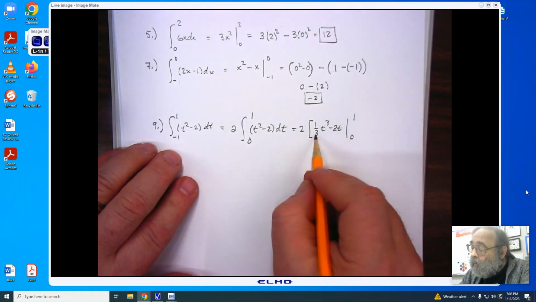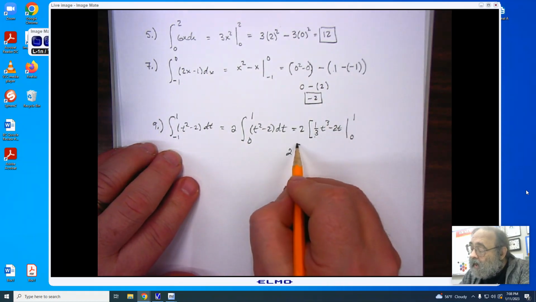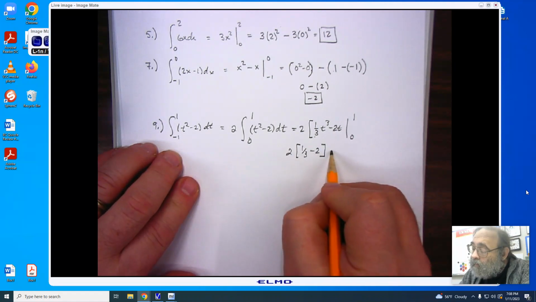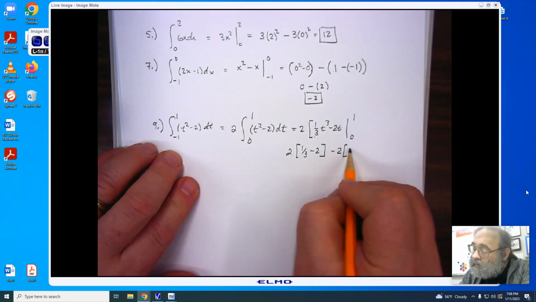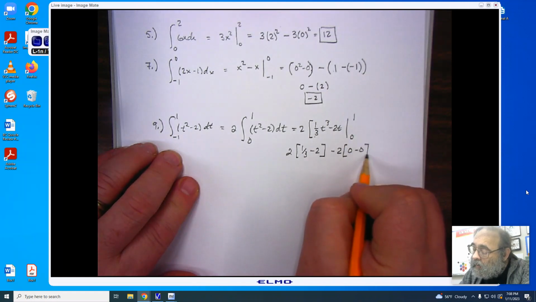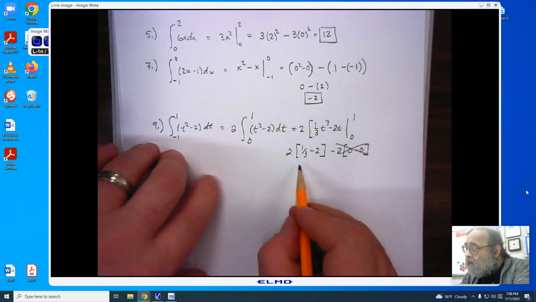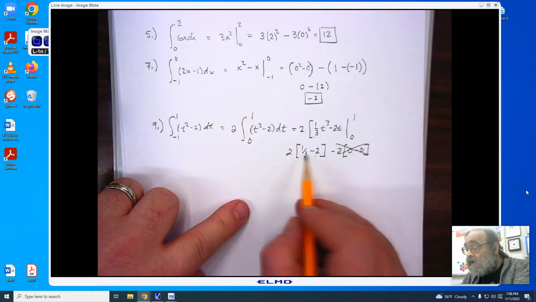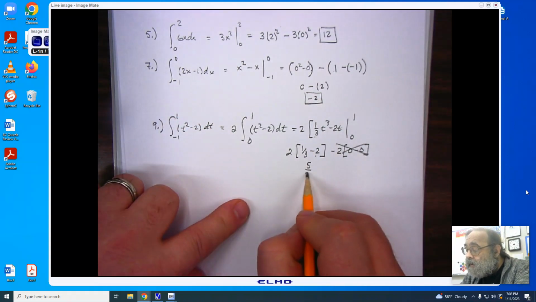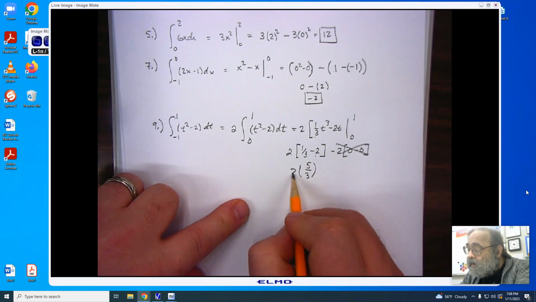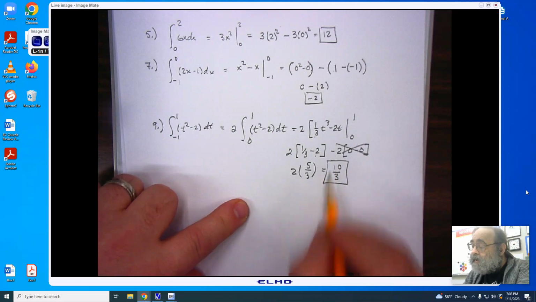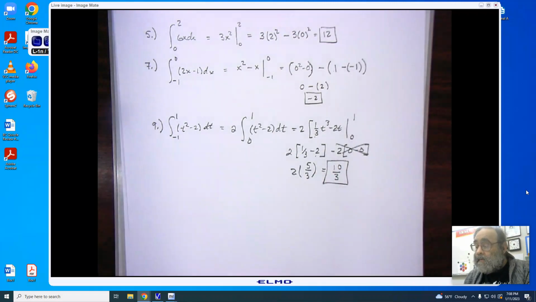I now plug in the 1, and I have 2 times 1/3 minus 2, minus 2 times 0 minus 0. That piece goes away. This is the one we want to work with. This has 6/3 minus 1/3 is 5/3, multiplied by 2 is giving me 10/3. My answer is therefore 10/3.